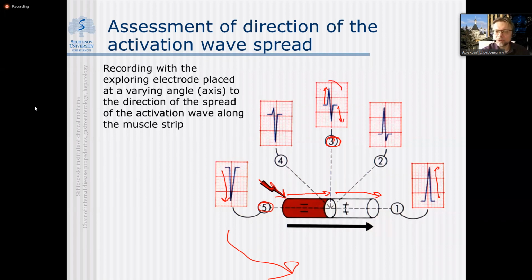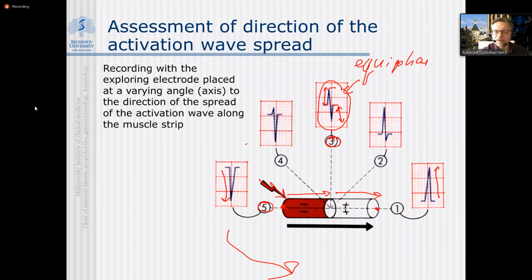If we manage to position the electrode precisely in between the origin and the termination of activation, in that case, there will be absolutely equal positive and negative phases of deflection. So positive will be the same as negative, and that will be called equiphasic.